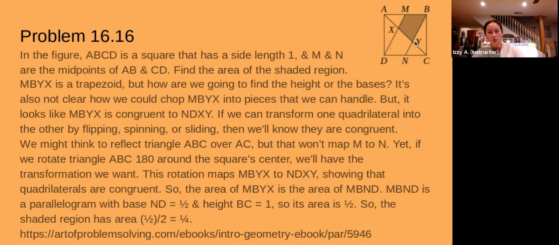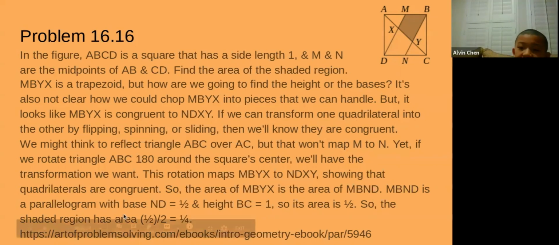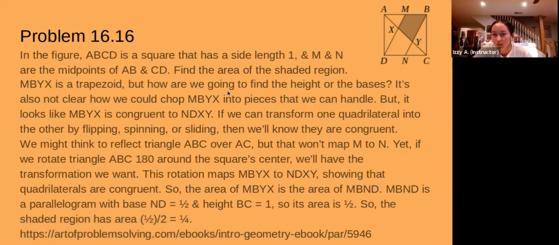And to figure out if they truly are congruent, we can just rotate MBXY. And if we were to rotate it around Y, I think, oh no, actually, let's see. I have a solution. Yes.